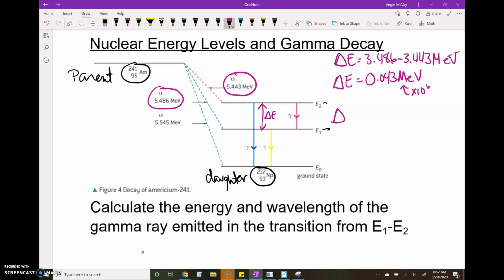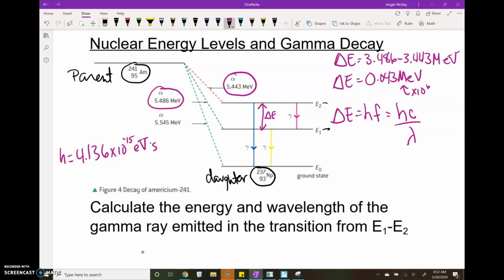And then we set that delta E equals hf, but we're looking for the wavelength, so we want to do hc over lambda. And as a reminder, I'll write it over here. Planck's constant in electron volts is 4.136 times 10 to the negative 15 electron volt seconds.